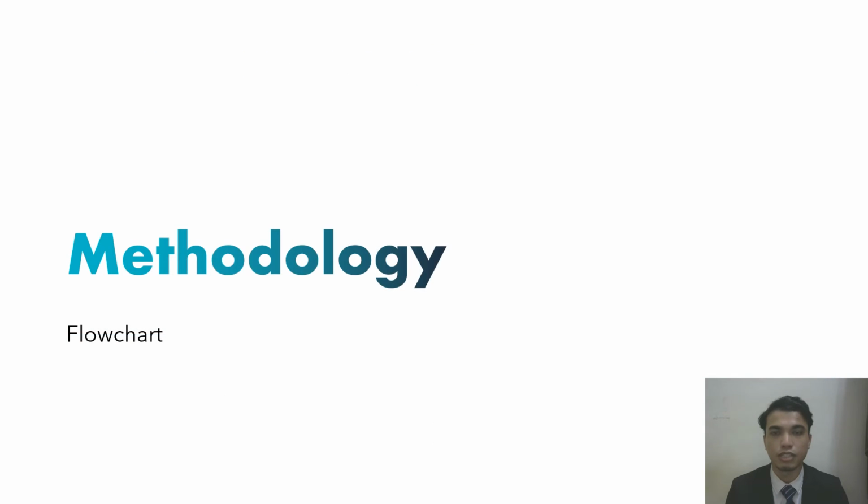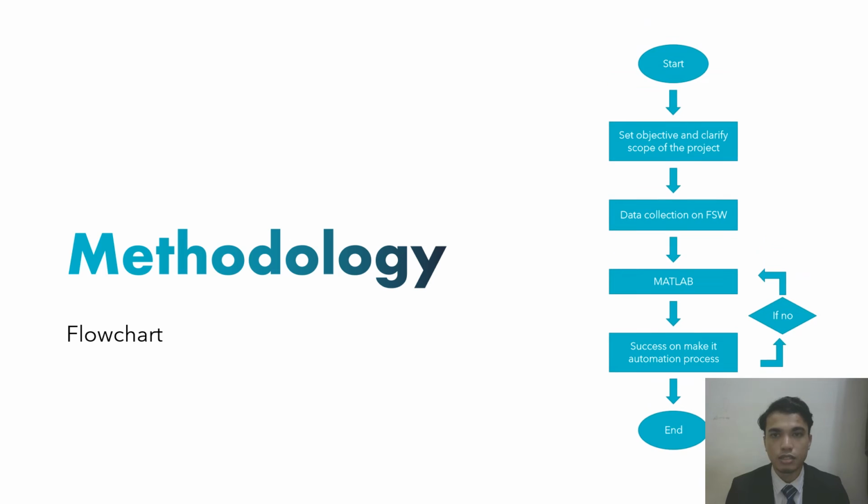So for the next slide, we go to the methodology. These are the step-by-step actions that I have to accomplish to make sure the project is successful, and it will start with setting the objective and clarifying the scope of the project.